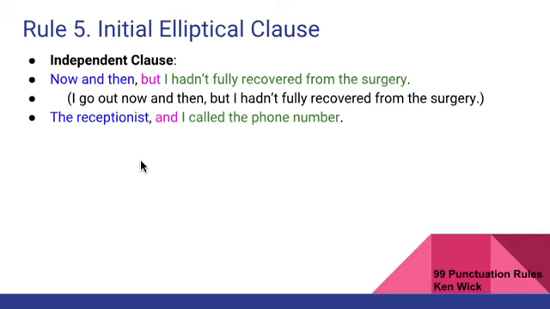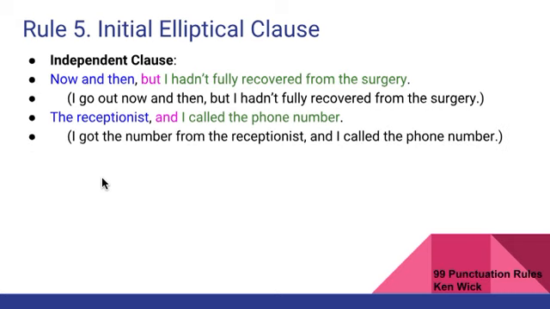Then another example is, the receptionist, and I called the phone number. Well, once again, you have just this phrase. You're not too sure what it means, but it probably meant something in context. So we're going to separate it from the following independent clause with a comma.